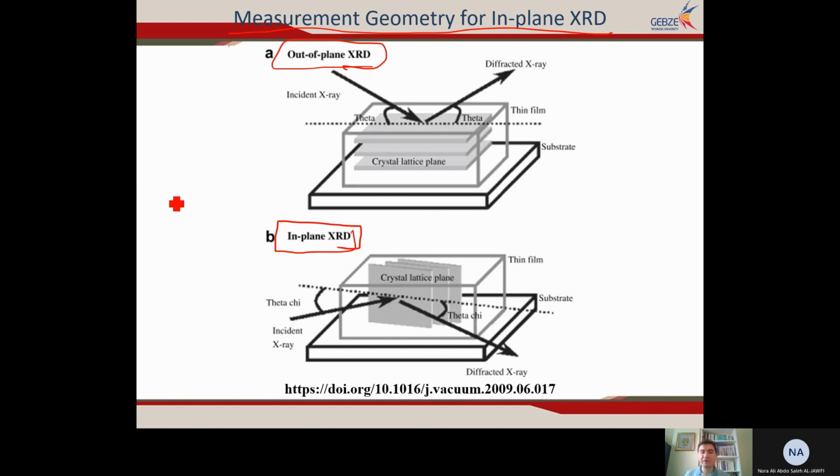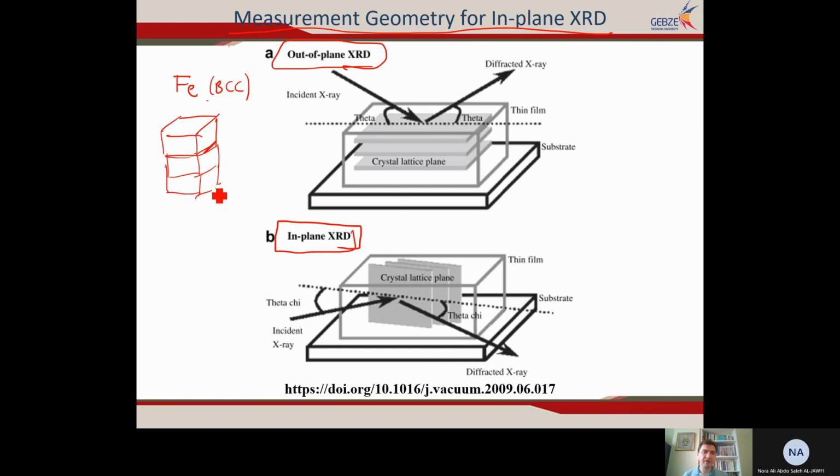So actually you are using the same experimental setup, but the measurement geometry is different, okay? Let's consider that you have iron, for example. Iron is BCC, body-centered cubic. Let's consider that this is the cubic iron structure. So we have many unit cells within this iron, depending on the thickness, of course.